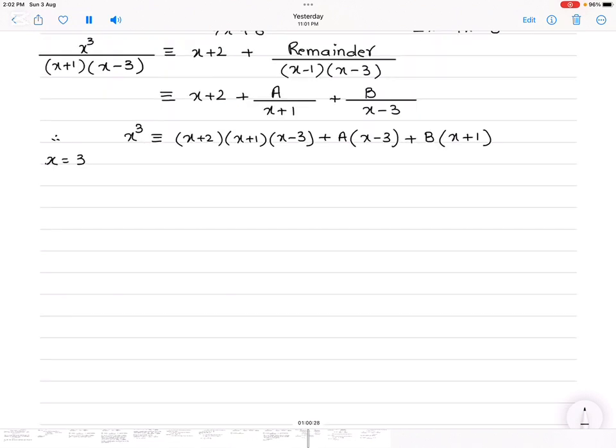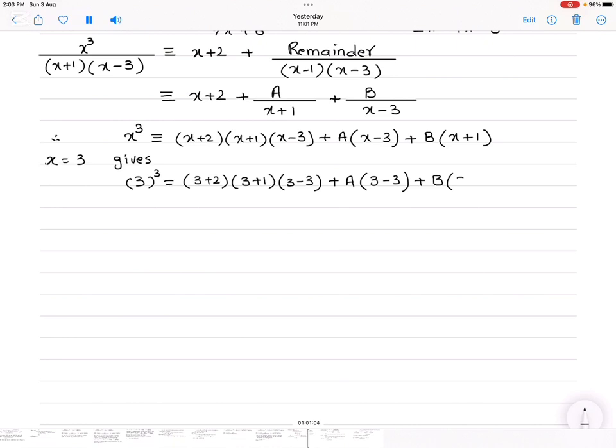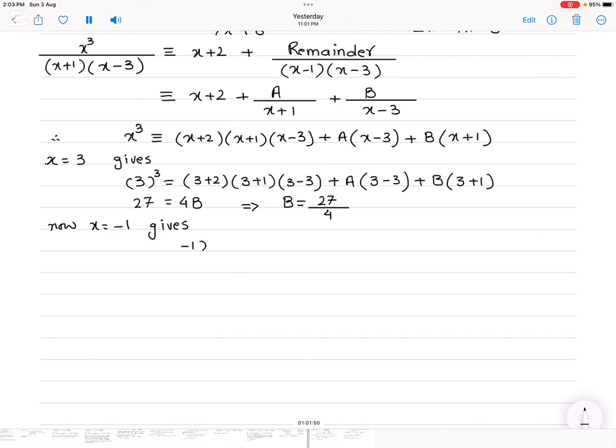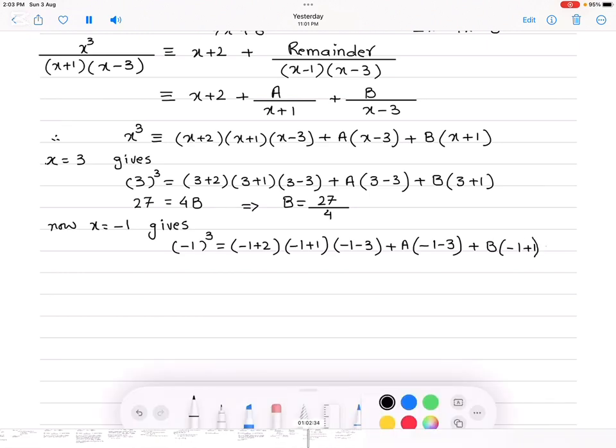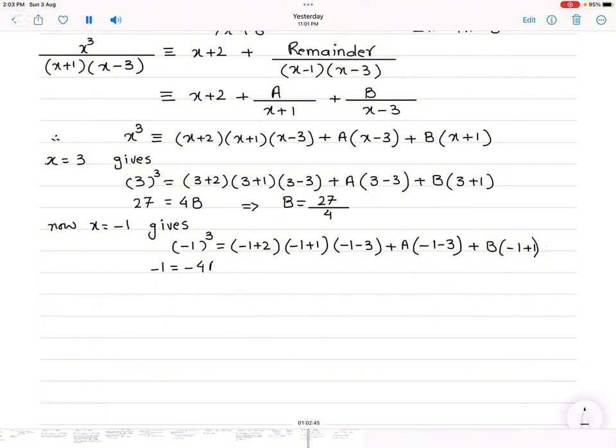If we put x = 3 in it, this gives 3³ = (3 + 2)(3 + 1)(3 − 3) + A(3 − 3) + B(3 + 1). So 27 = 4B, and from here the value of B is 27/4. Now x = −1 gives (−1)³ = (−1 + 2)(−1 + 1)(−1 − 3) + A(−1 − 3) + B(−1 + 1).